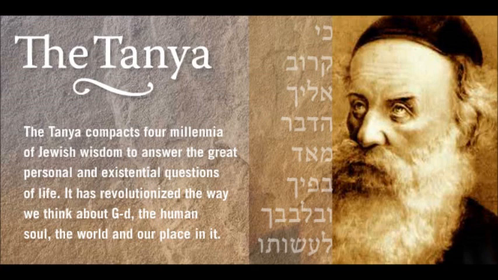So, again, it's not so crucial to today's class, to the end of chapter 1, but I'll introduce these concepts. Klipa means a shell. What is a shell? A covering.